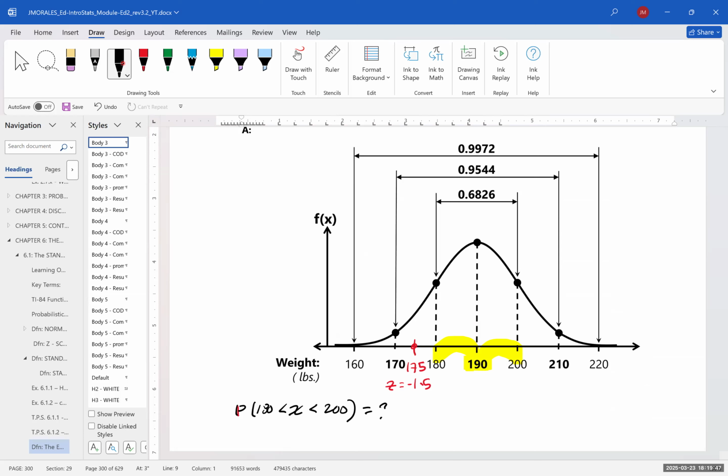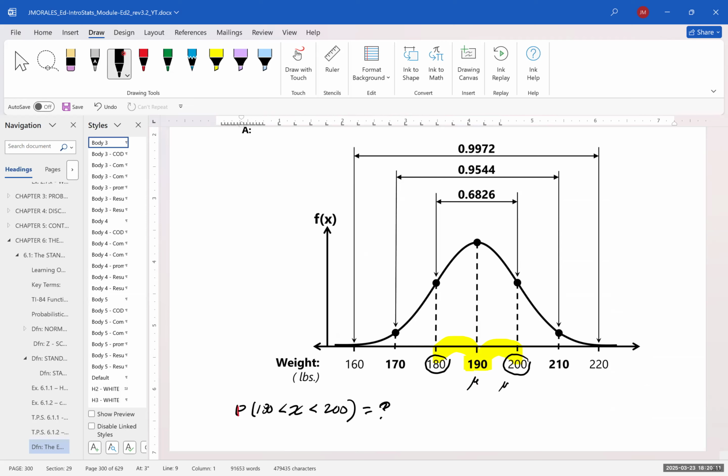Knowing that the population of adult male weight is normally distributed, we can look at 200 and 180.